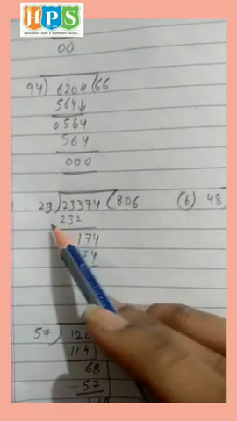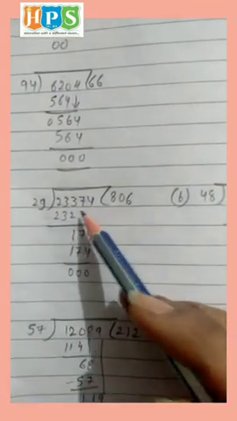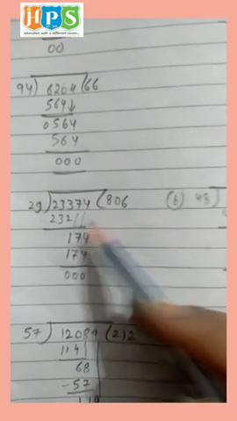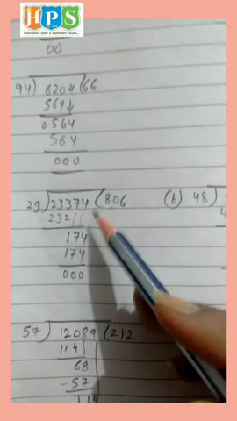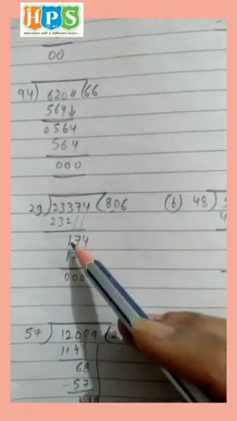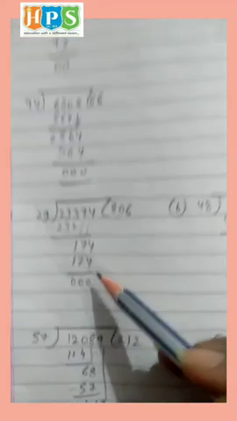So we can subtract 233 minus 232, 1, and we write the double digit 2. We write quotient 0 to make 174. 29 6s are 174.